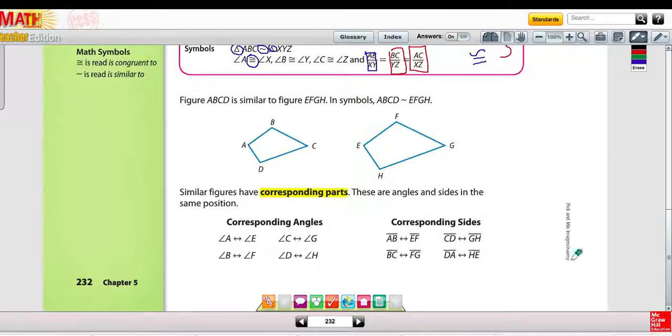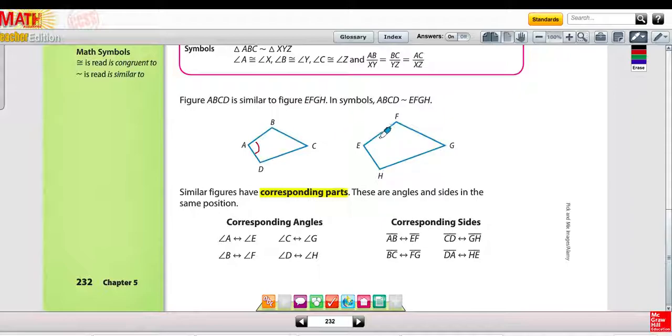And at the bottom, we have 2 different figures. We have figure ABCD, so this is a quadrilateral that's similar to EFGH. And then we can make those lines again saying that A is congruent to E. I should not have put 2 lines there.